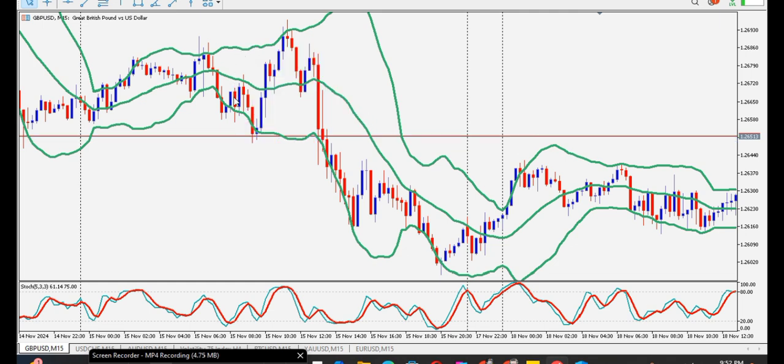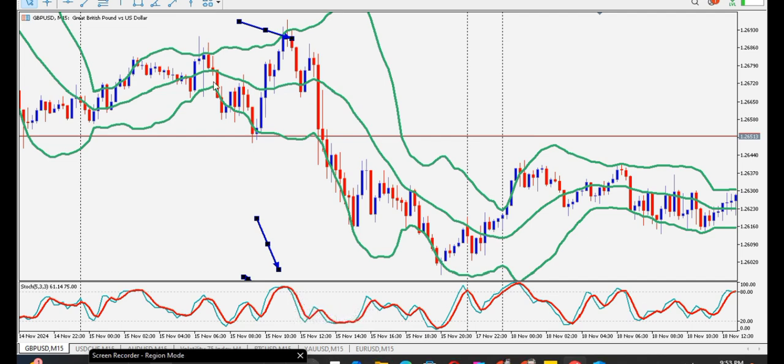As you can see from the chart, the market came up to the upper band of the Bollinger Band right here. Came to the upper band, and if you look at the stochastic, you can see that it's above the 80 line level right here, and the green line crosses below the red line, which indicates a what?